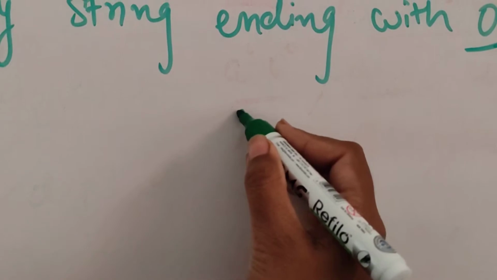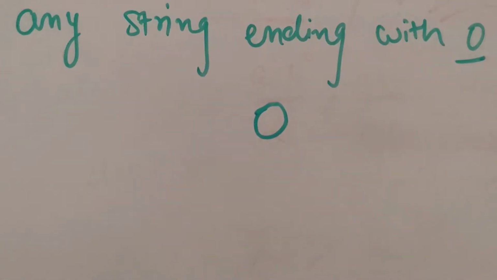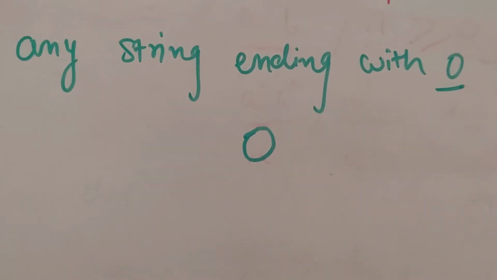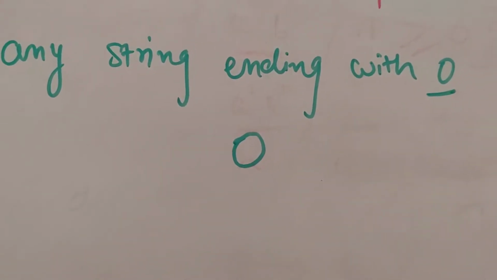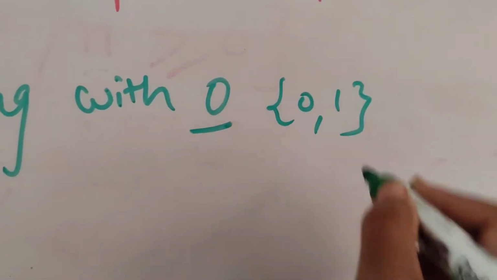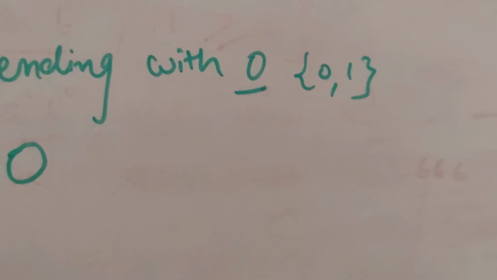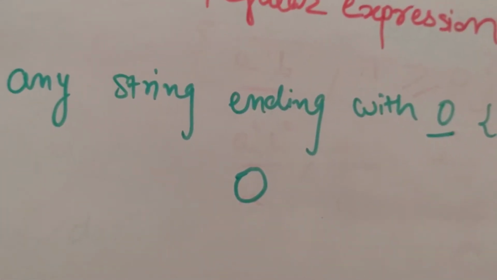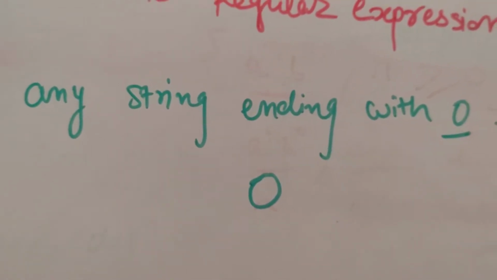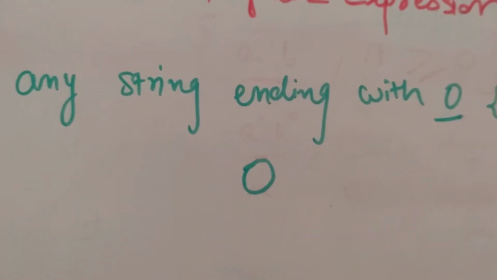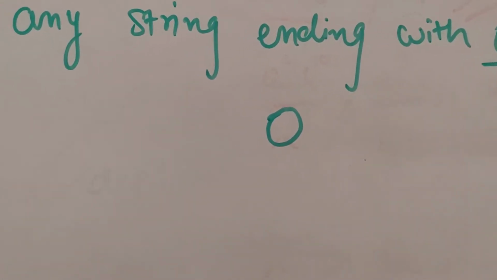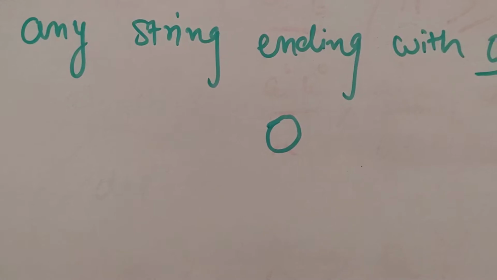So I can take the ending will always be 0. Now in front of the 0, there can be either 1 or 0. The string contains only 2 alphabets, that is 0 and 1. So any string ending with 0, but in front of that there can be either 0 or 1.